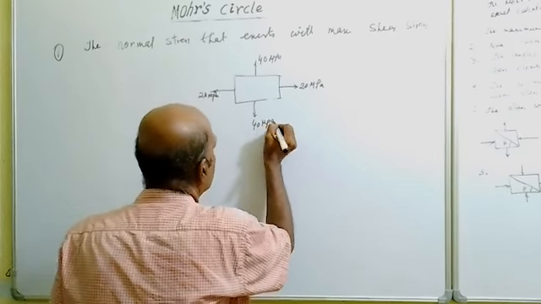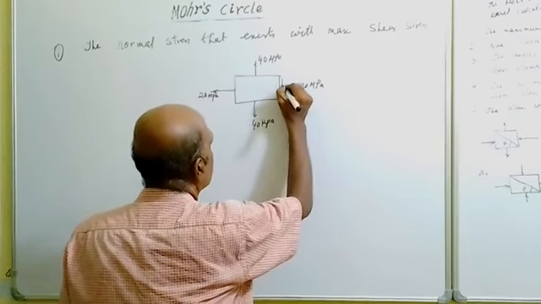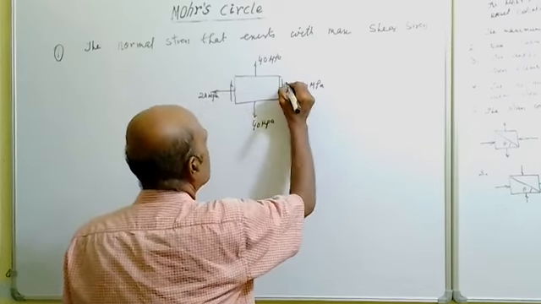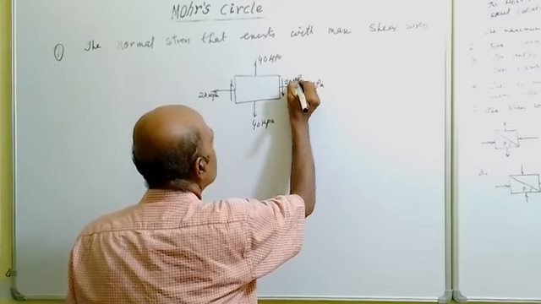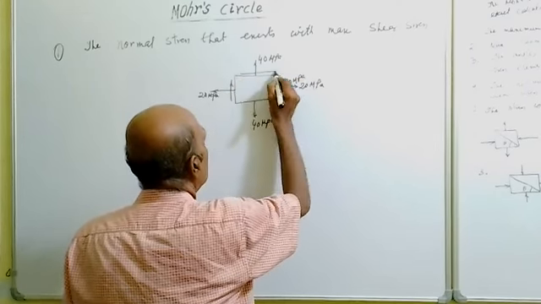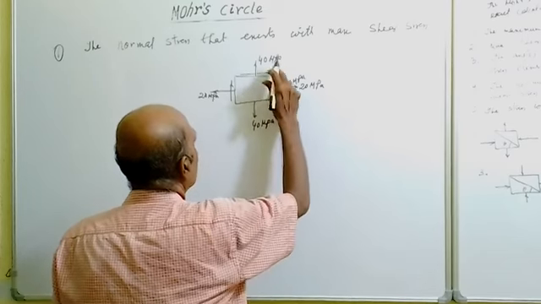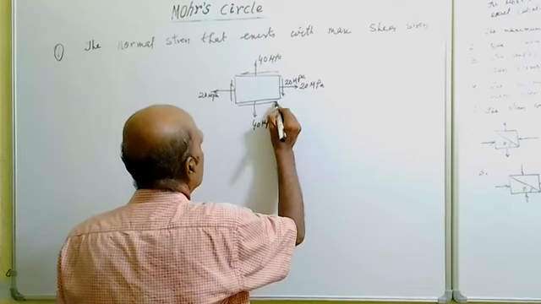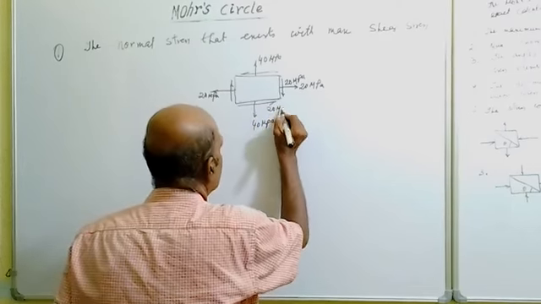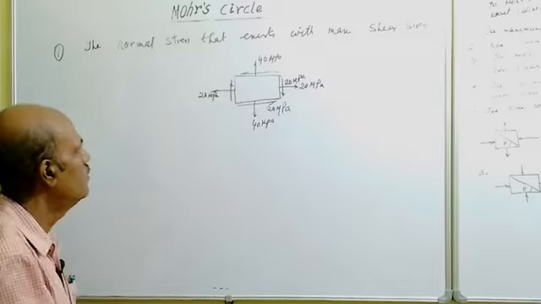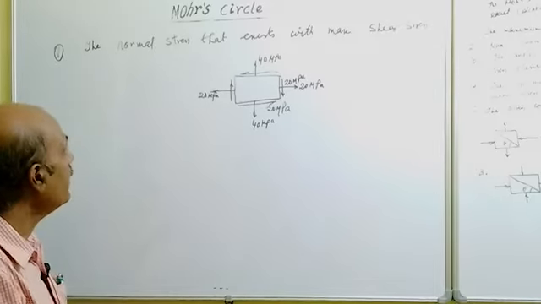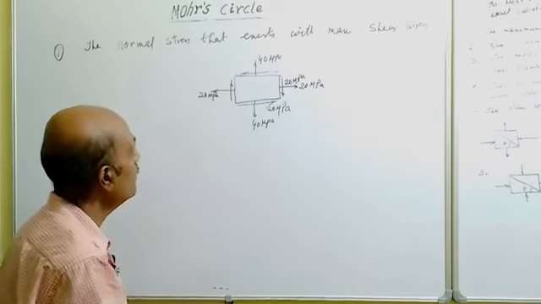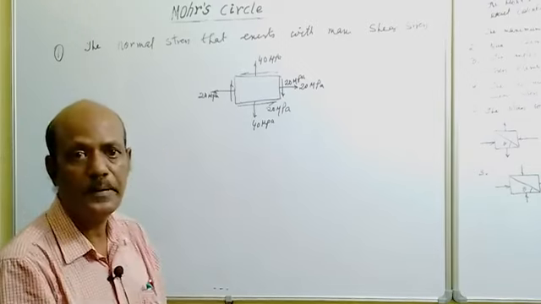As well as there is also shear stress acting on the x face in clockwise sense, say 20 megapascal. So on the y face it will be in anti-clockwise sense, that is 20 megapascal. Now we have to find the normal stress that exists with the maximum shear stress plane.